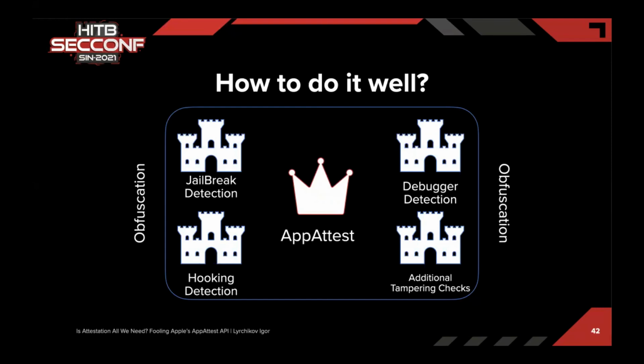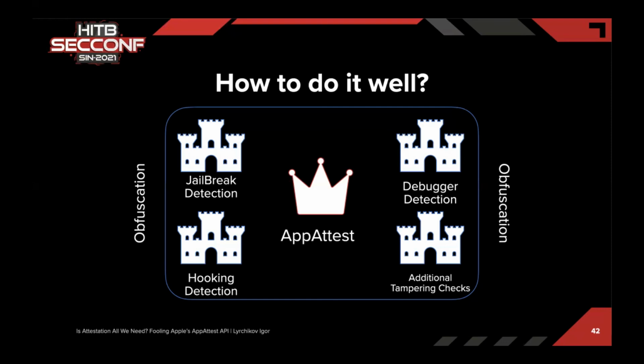Then to fight runtime instrumentation and dynamic analysis, you need to implement your own hooking detection and debugger detection checks. And even though AppAttest is sort of an anti-tampering solution, you need client-side anti-tampering protections to make it harder to statically patch your app and resign it.